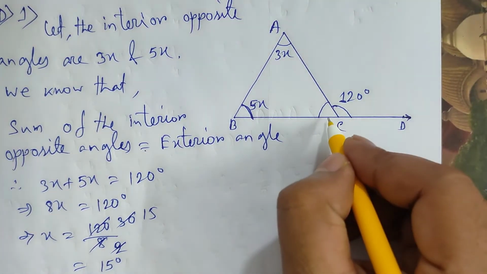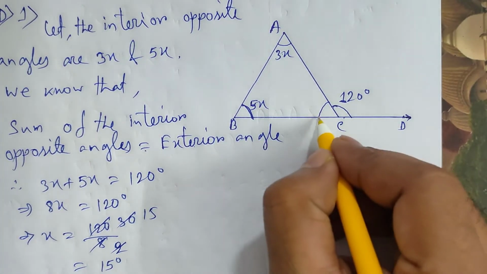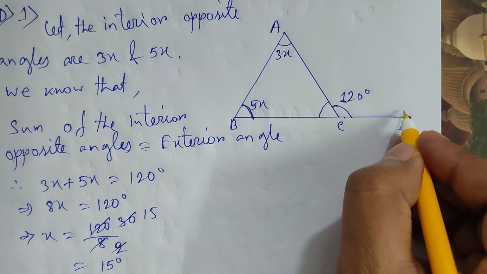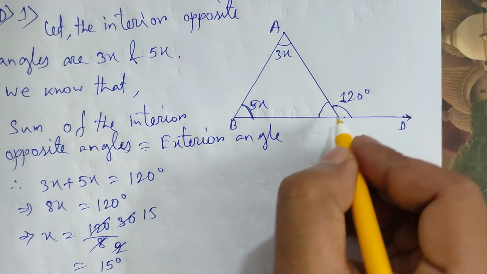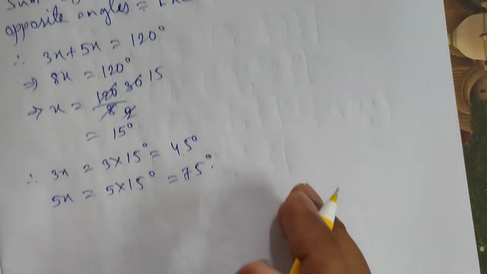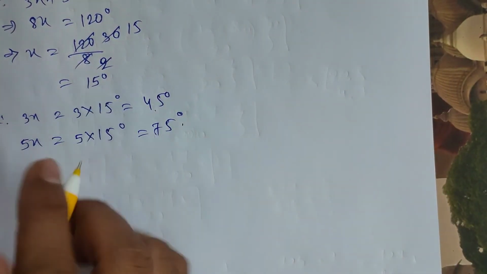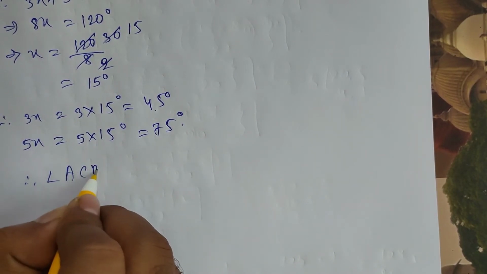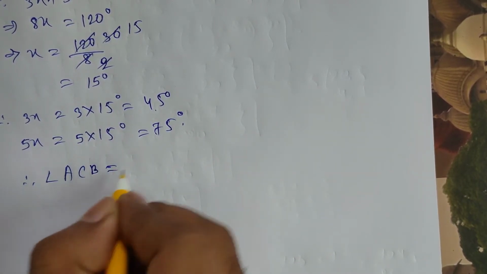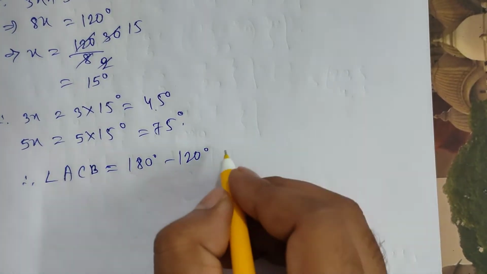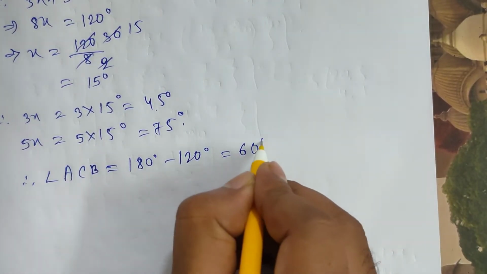How? Because BCD is a straight angle. Straight angle means 180 degree, and within this 180 degree 120 degree is given. That means we can write, therefore angle ACB equal to 180 degree minus 120 degree. What will it be? It will be 60 degree.